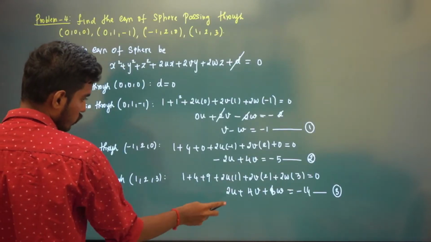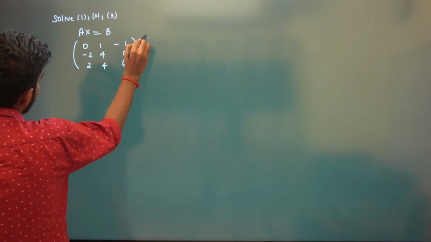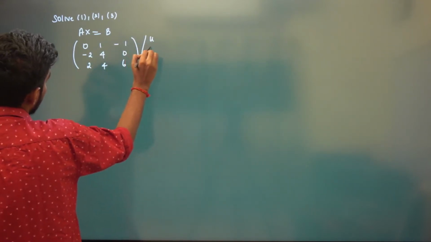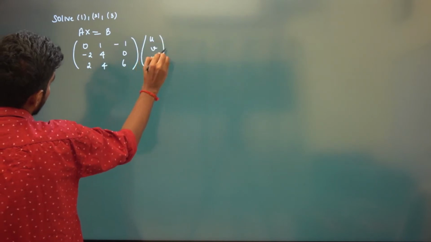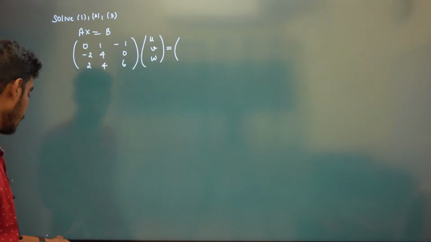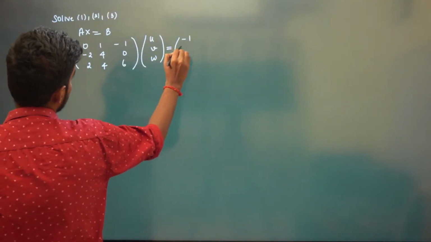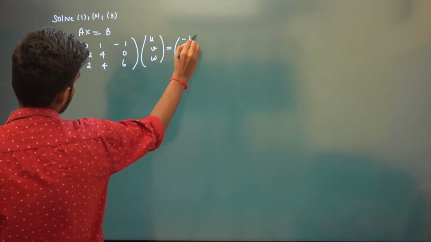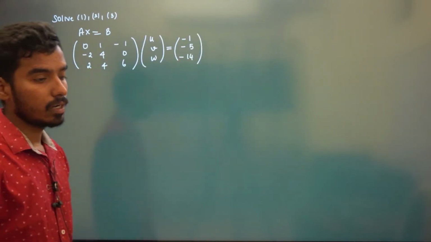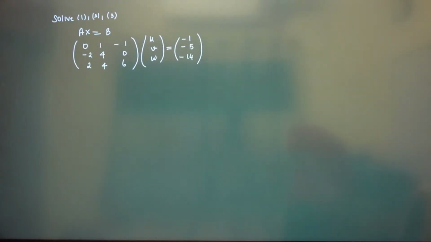And here 2, 4, 6. The unknown is (u, v, w). And the output vector b is -1, -5, -14. So always go for Gaussian elimination method because this will always work.